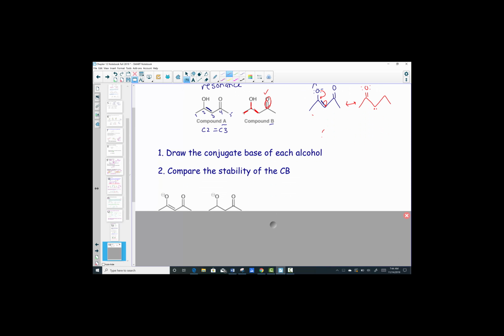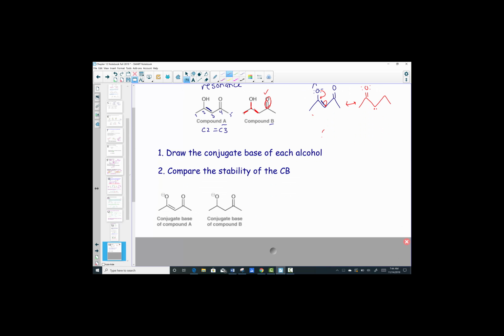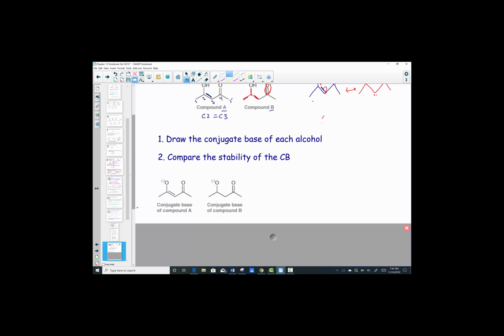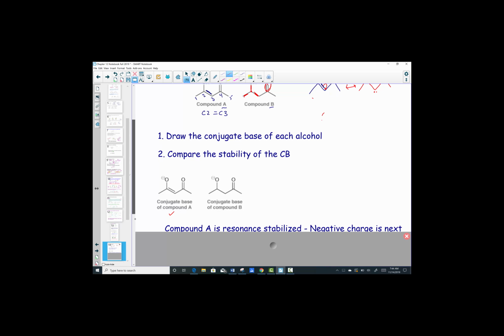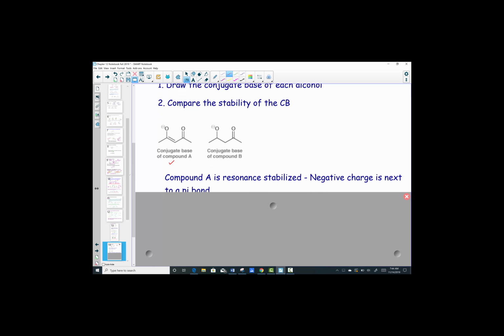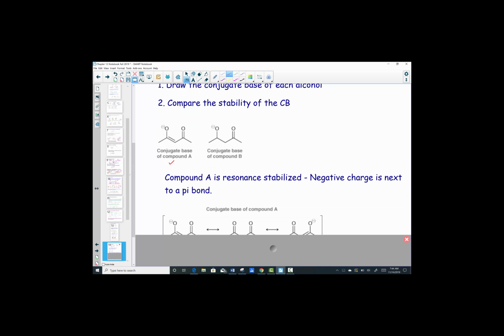So we've decided, just based on the ability of resonance stabilization, the conjugate base of a resonance stabilized alcohol creates a more stable configuration, and we were able to determine that compound A is more acidic just based on the negative charge being able to be distributed through a series of electron arrow movements of resonance.